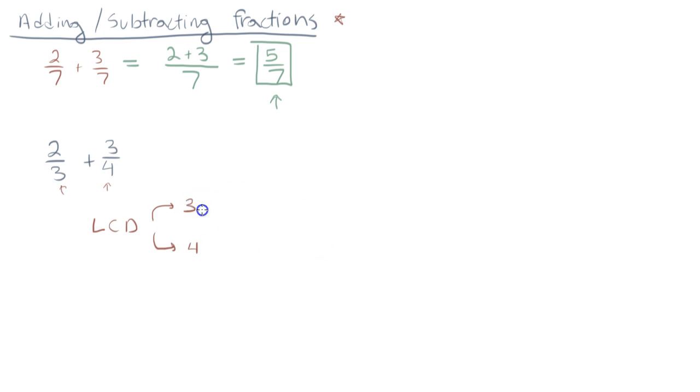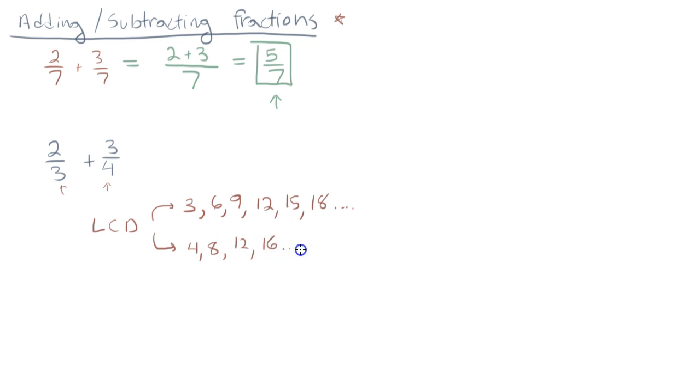And so 3 is pretty easy. It's 3, 6, 9. Remember, multiples, we just add the number plus itself. 12, 15, 18. We can go on forever, but we don't need to. We'll see that in the list that we have here, we're going to see a common multiple. Let's look at 4. So 4, then 8, then 12, then 16.